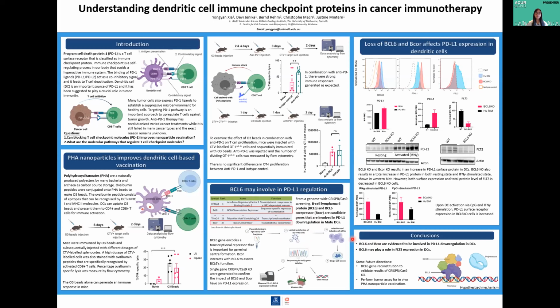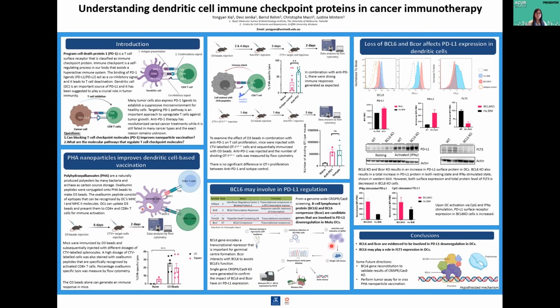This involves the BCL6 and BCOR genes. The BCL6 gene encodes a transcriptional repressor that is important for germinal center formation, and BCOR can interact with BCL6 to assist BCL6's function. They are candidate genes that may be involved in PD-L1 downregulation.